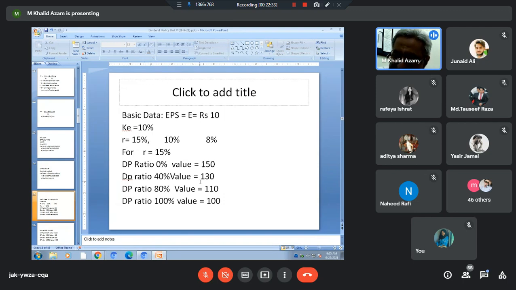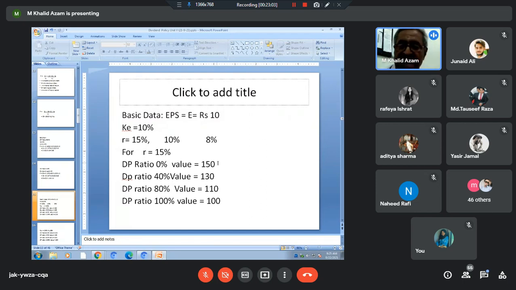All these values which have been calculated here are in terms of one share. So the value of the firm, because we are using value of the firm and value of the share, will depend on the number of shares multiplied by the price of the individual share at a particular rate of dividend payout.